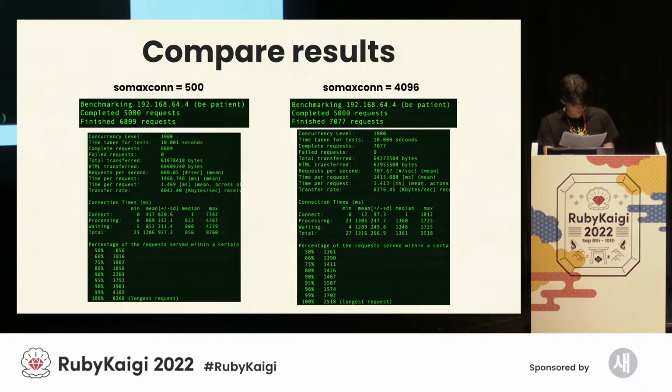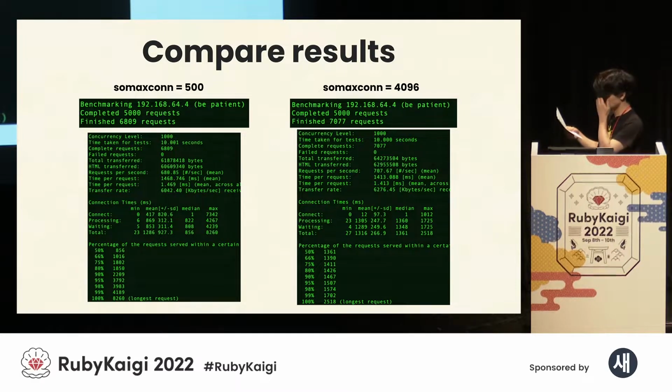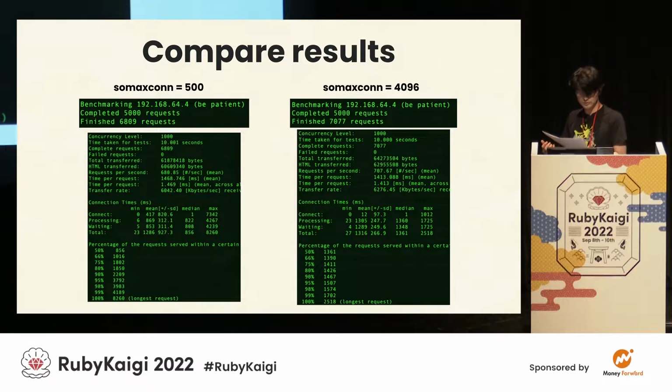Then this is the result of the experiment. With somaxconn at 500, the response time is clearly more erratic than when it is 4,000. It can be assumed that this is due to queue saturation.